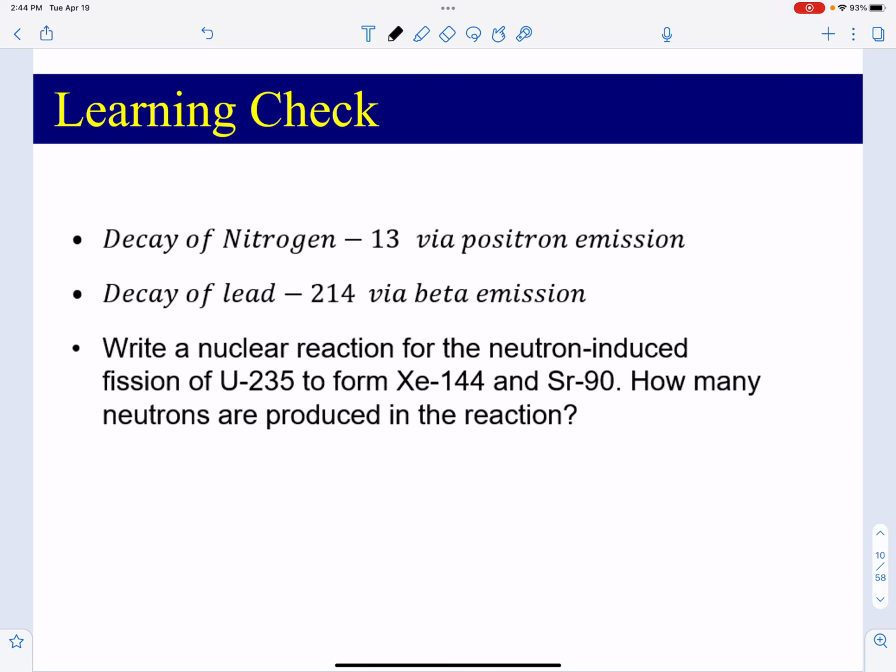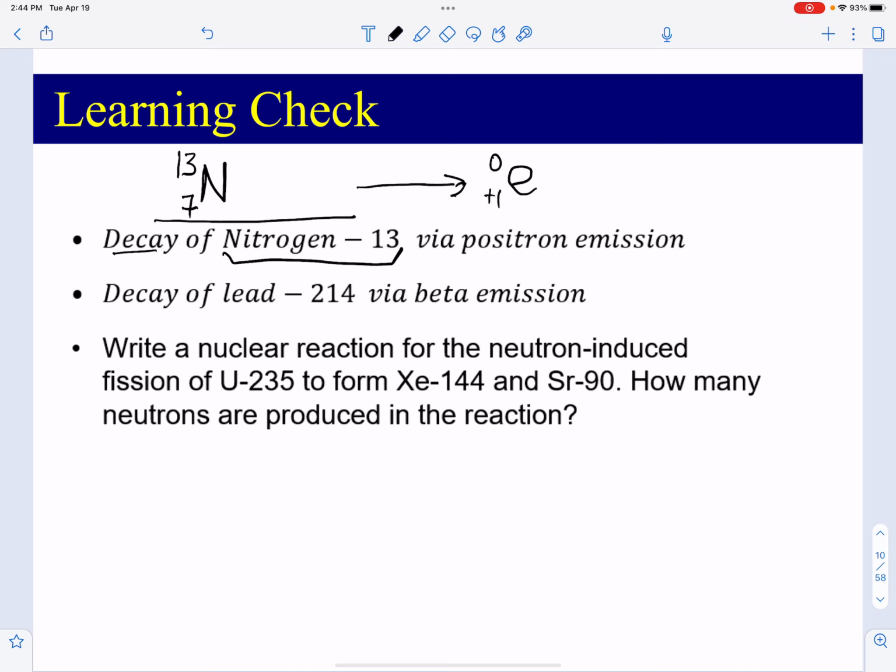So the first one is decay. Decay of nitrogen. We know that nitrogen is atomic number 7, and we're talking specifically about nitrogen 13. So write it like that. Decay of nitrogen 13 via positron emission. So this is gonna emit a positron, which is a +1, 0.